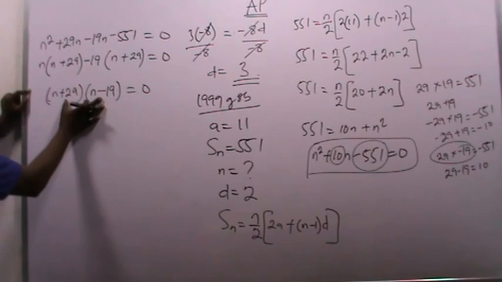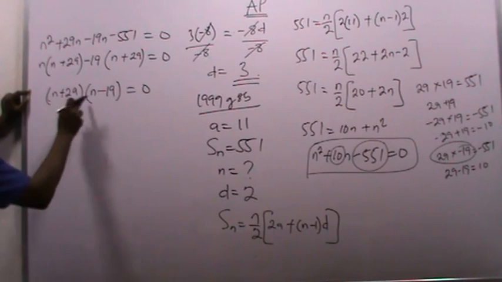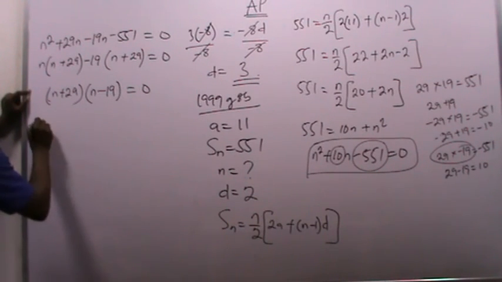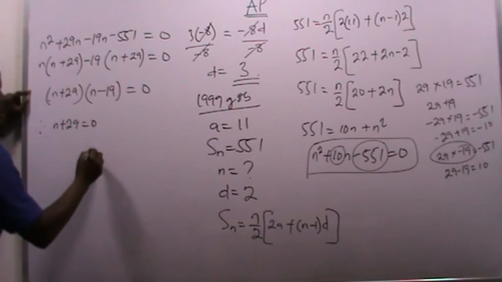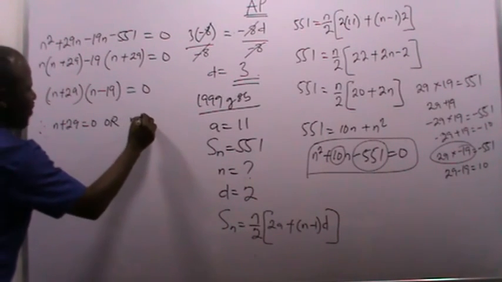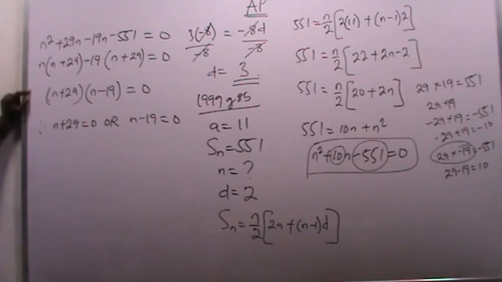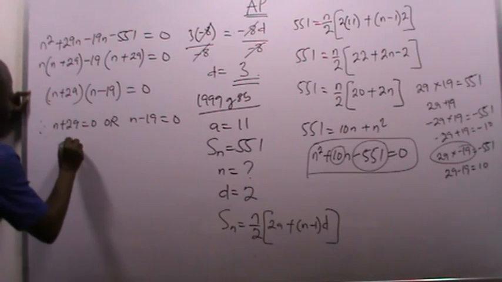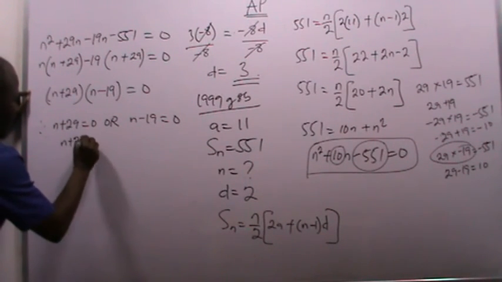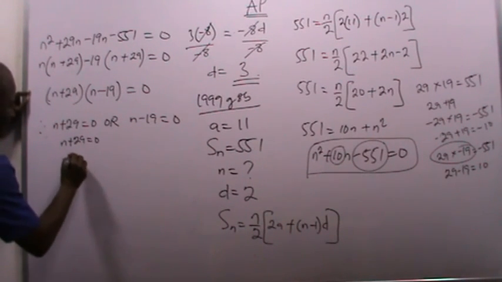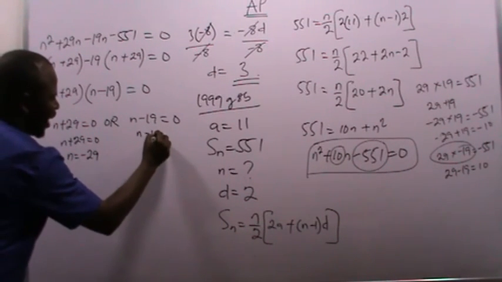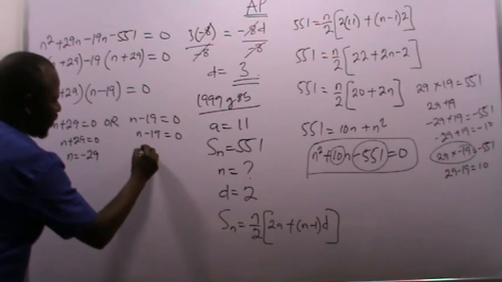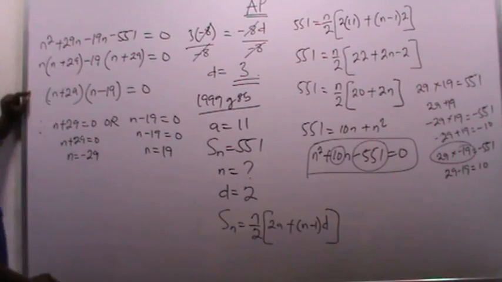Now, for the product of two numbers to be 0, it means one of these numbers is 0. Therefore, I can say n plus 29 equals 0 or n minus 19 equals 0. Now, n plus 29 equals 0 can be resolved as n equals minus 29. n minus 19 equals 0 can be resolved as n equals 19.